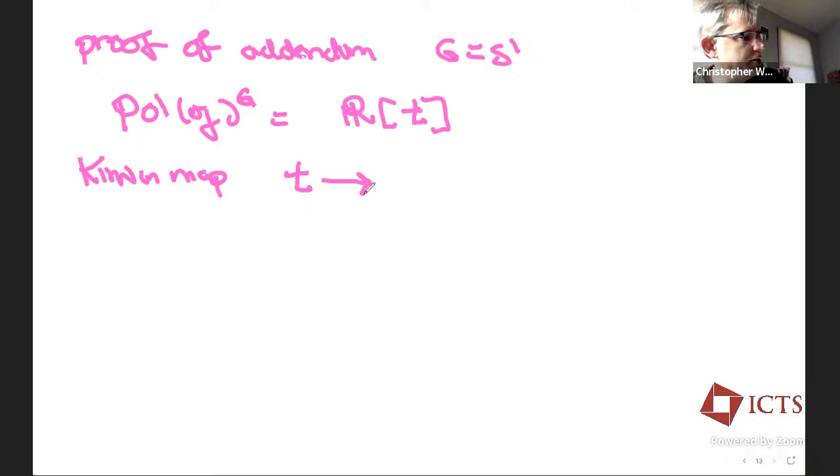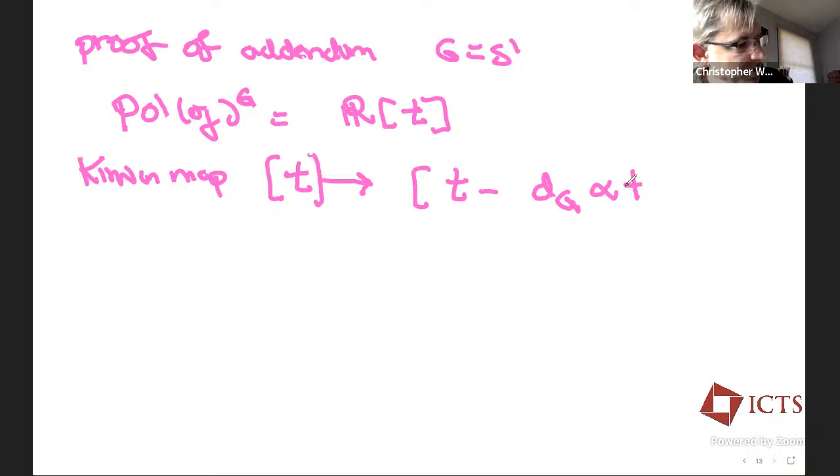So I change t to t minus d_G of alpha times t. But now I made this change in sign convention, so it becomes plus sign. And this will cancel off the t parts, but just leave me with the d alpha.